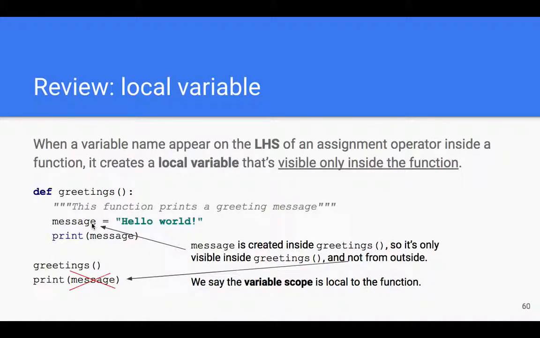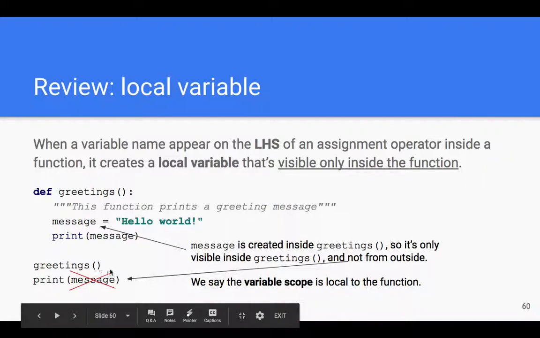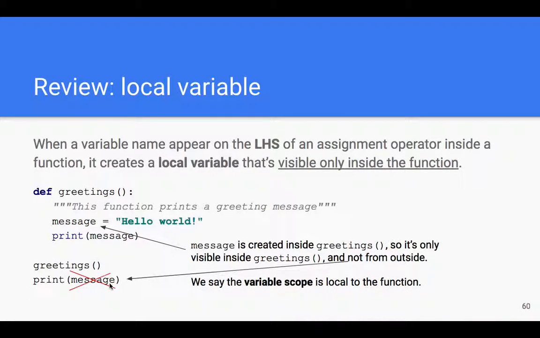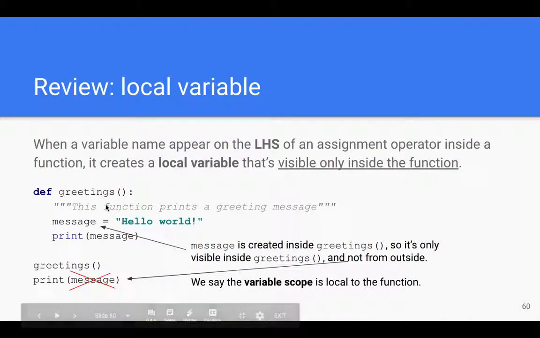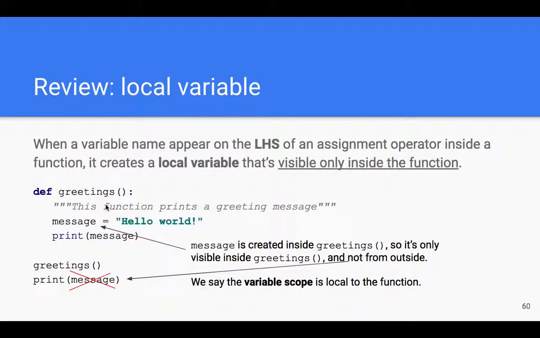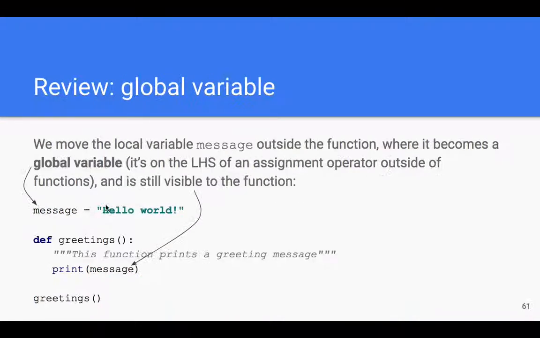You can read and write to it inside the function, but once outside the function, that variable no longer exists. So we say the scope of the variable is local to that function. That's what a local variable is.